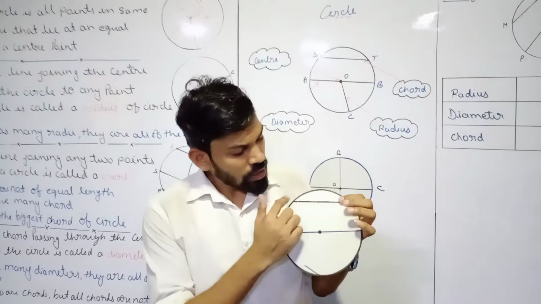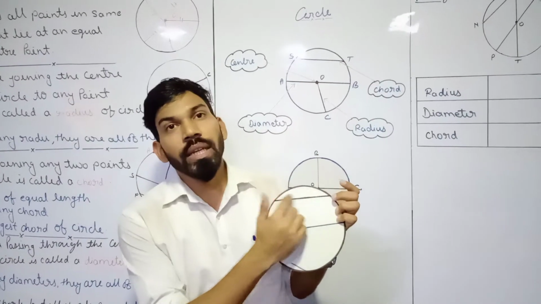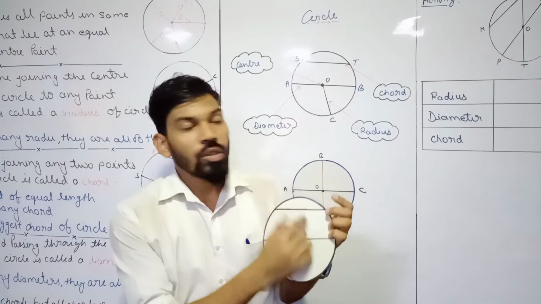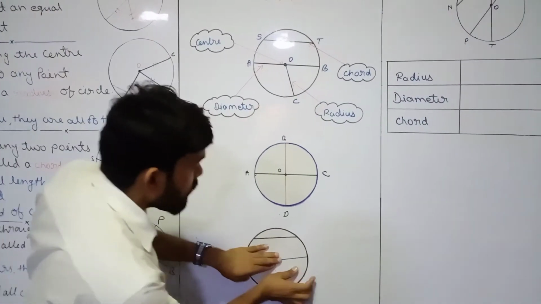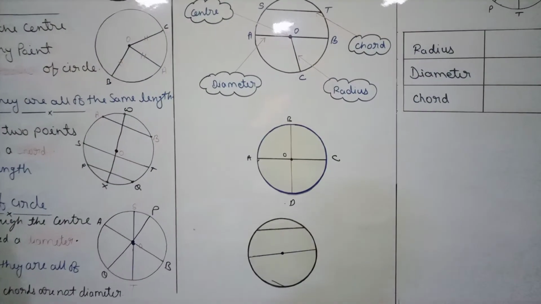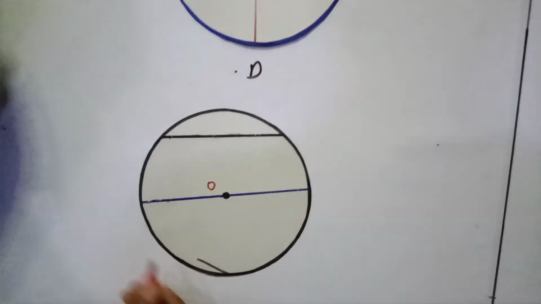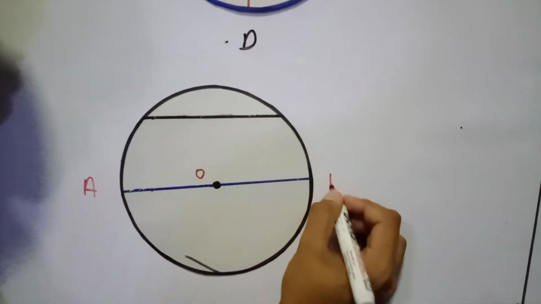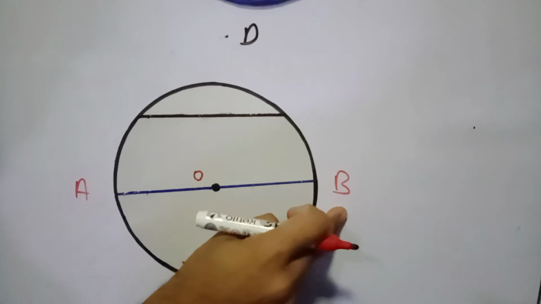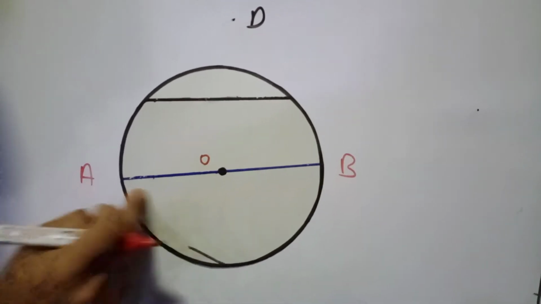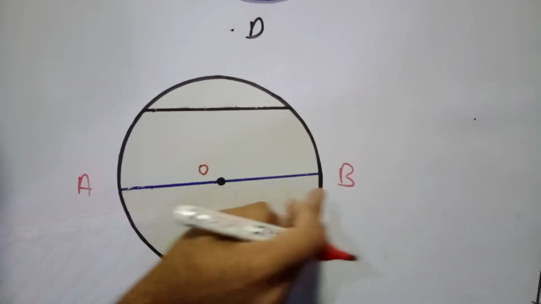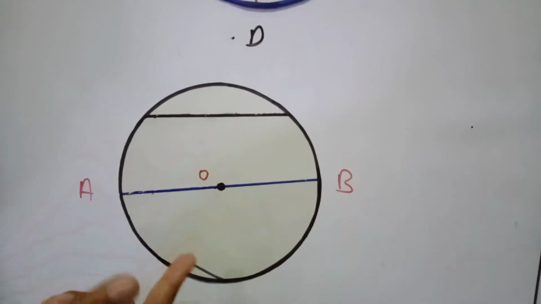Let's see here: this line segment is joining 2 points on the circle. If I have this diagram and we name the center O, and here we have these 2 points A and B, then this blue line joining A and B is called a chord.